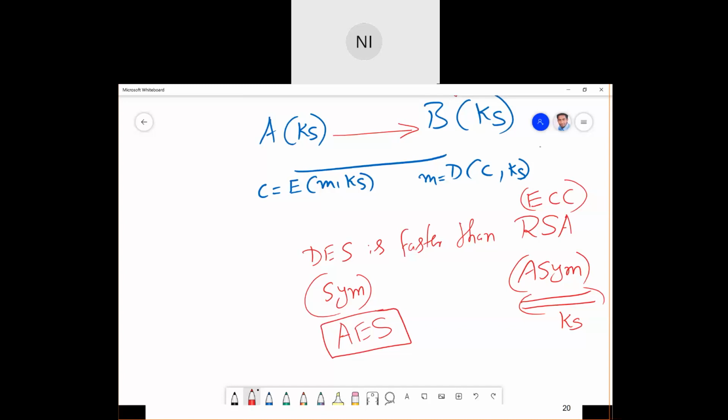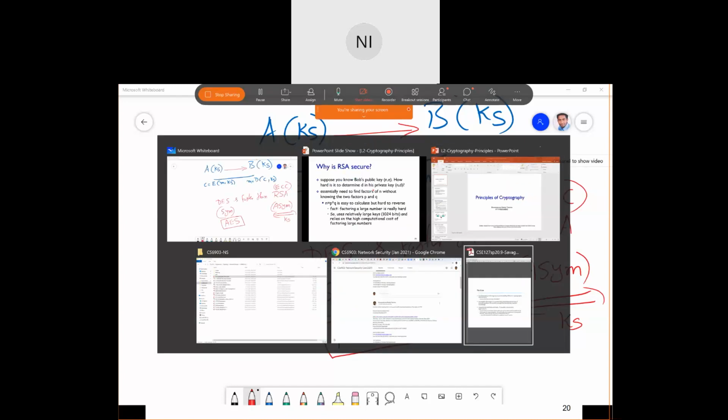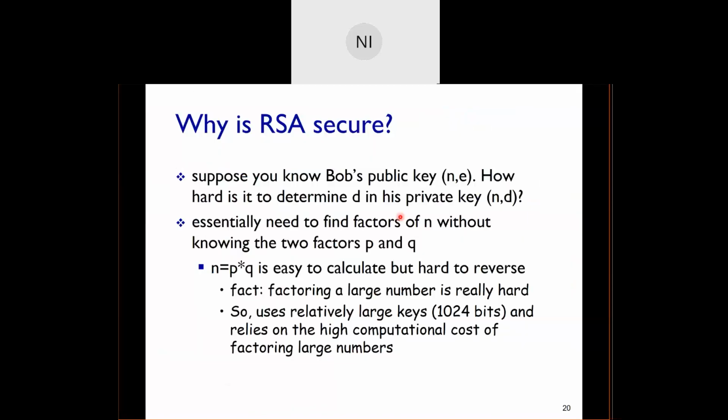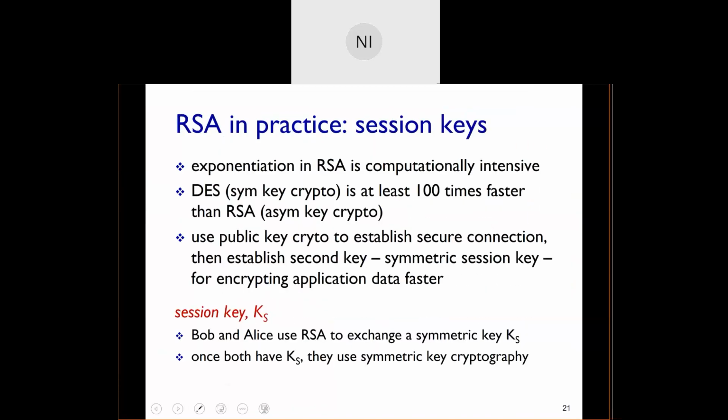Yes, sir. Okay, let me go back to the slide and see what is written there. DES is at least 100 times faster than RSA, not AES. Of course, it may be faster than AES because DES is only 56 bit, whereas for AES we are talking about even 512 bits.